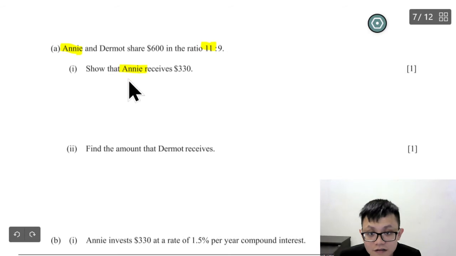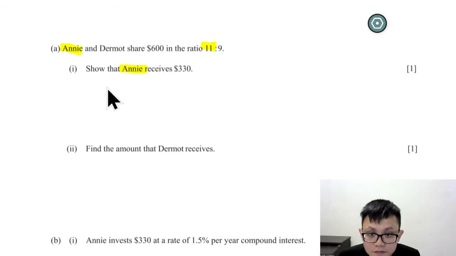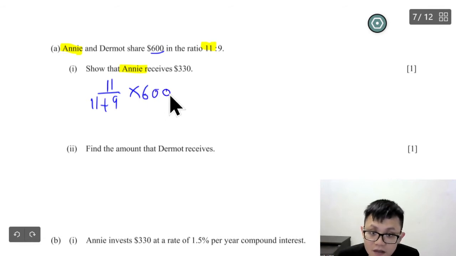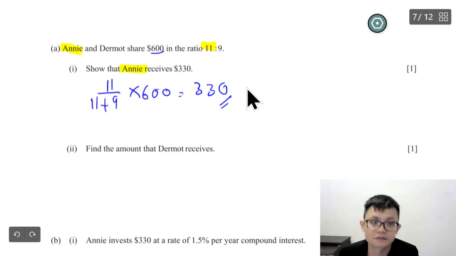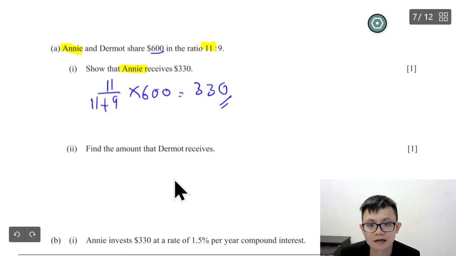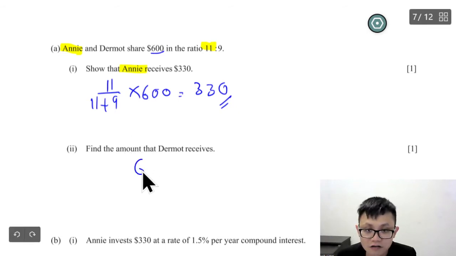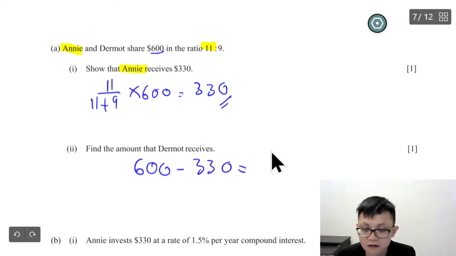So I just need to take 11 over 11 plus 9 times the total amount, which is 600. I will get 330. Okay. Find the amount Dermot received. So for this one, 600, the total, minus 330, I will get 270.